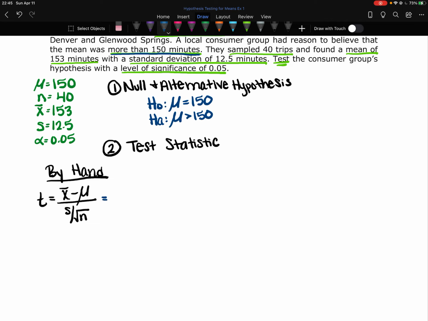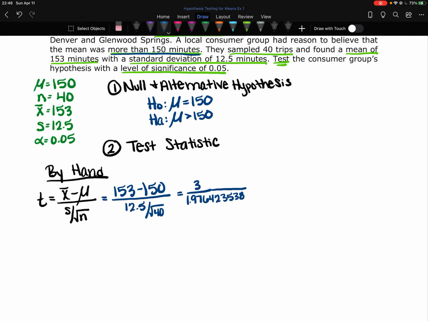So I have all of these values off to the side here. I just have to plug them in. So 153 minus 150 divided by 12.5 divided by the square root of 40. So this is 3 over, the bottom is 1.976423538.